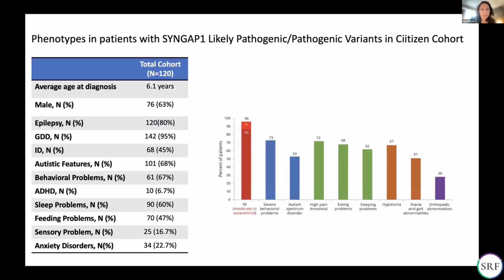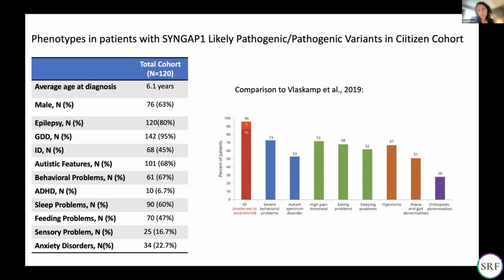The phenotypes in patients with likely pathogenic or pathogenic SYNGAP1 variants in the CIITIZEN cohort recapitulate what has been described similarly from the Vlaskamp et al. paper that I had mentioned earlier. Epilepsy was seen in 80% of individuals. Global developmental delay was diagnosed in 95% and intellectual disability in 45%.